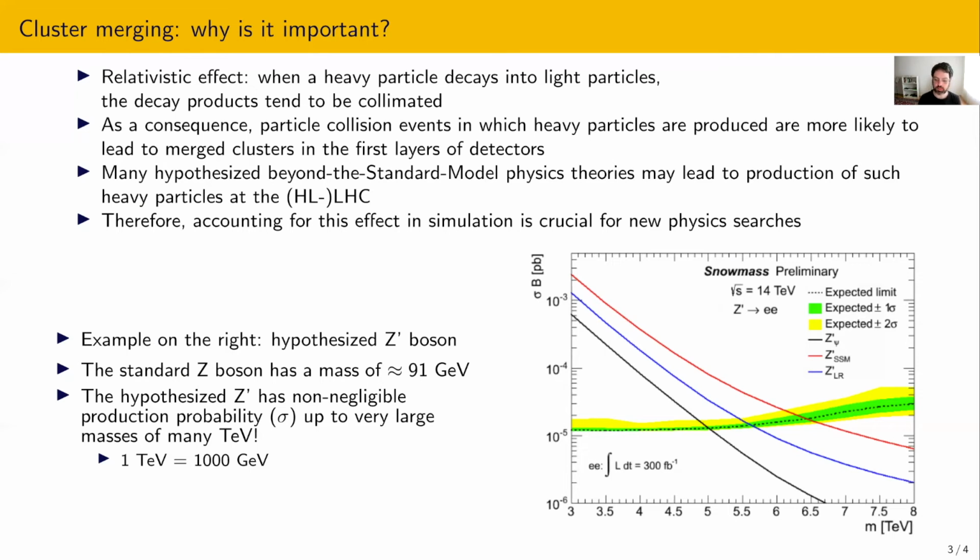The graphic here shows the probable masses on the x-axis, and the y-axis gives you the cross-section, which is related to the production probability at the LHC. We see that this cross-section is not negligible up to very, very high mass. The x-axis has units in TeV, and 1 TeV is 1,000 GeV. So these particles can be extremely massive.